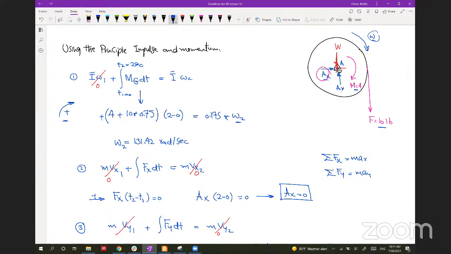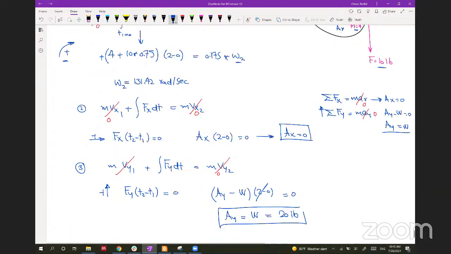You know that this support is not moving anywhere, so ax and ay are equal to zero. And in the X direction, you only have Ax, so this will give you Ax equal to 0. And in Y direction, you will have Ay minus W equal to 0, and then you can get Ay equal to W. So either way will give you the same solution.